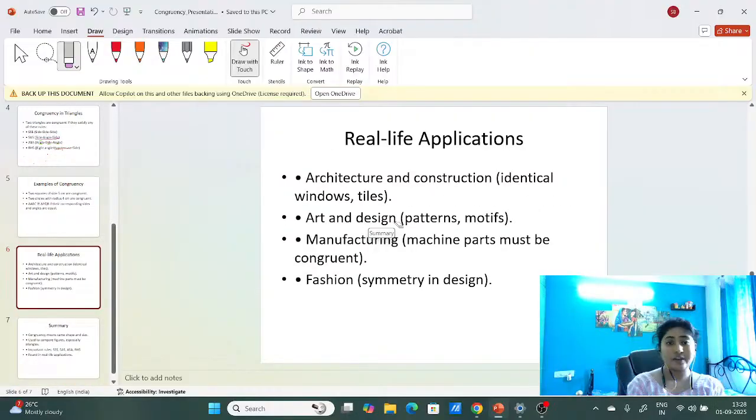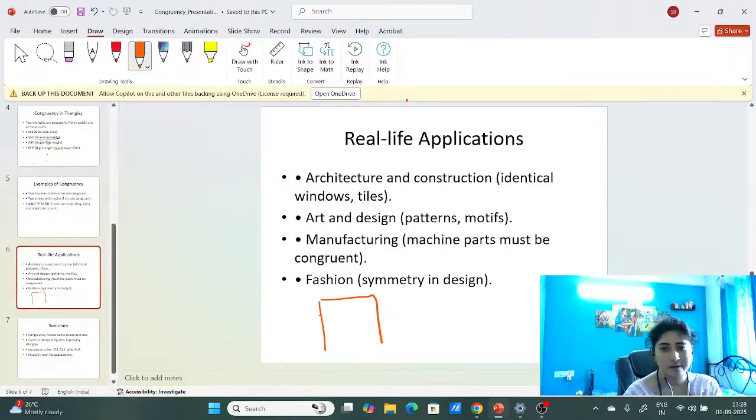Real life applications. In architecture and construction, like in your home also, in my home also, we can see we have windows that are identical, right? When something is identical, it looks a little better, right?